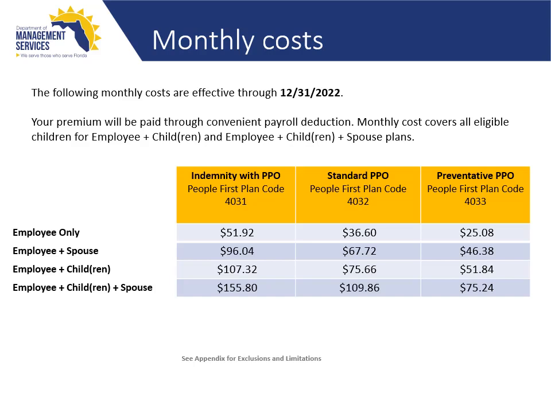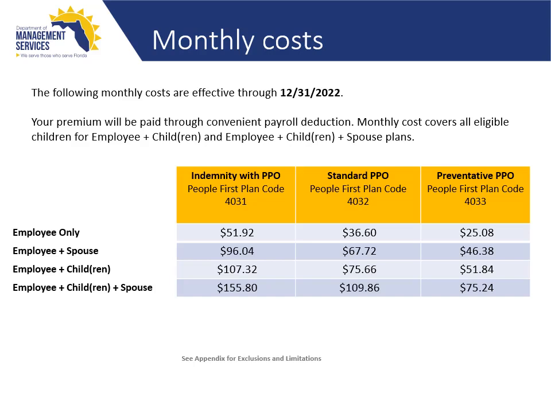Employee plus spouse is $96.04. Employee plus child or children is $107.32, and employee plus child or children plus spouse is $155.80.